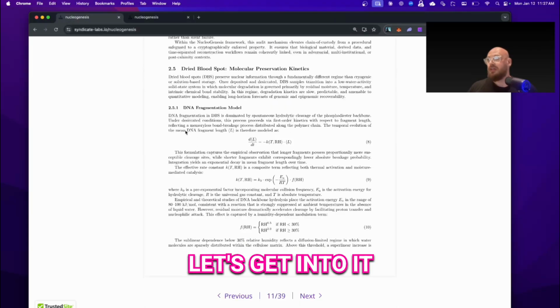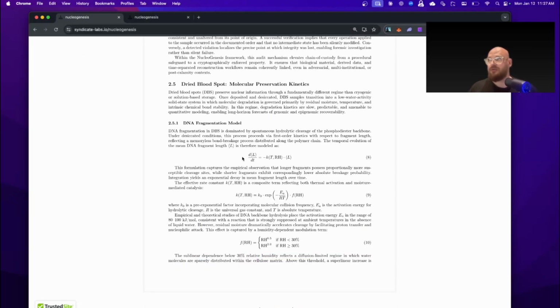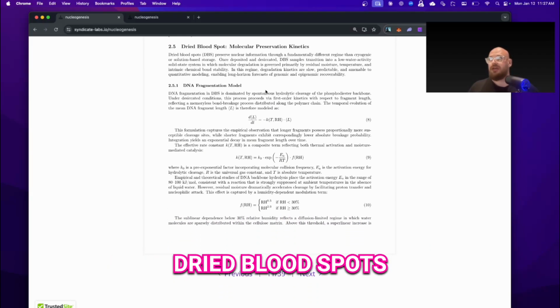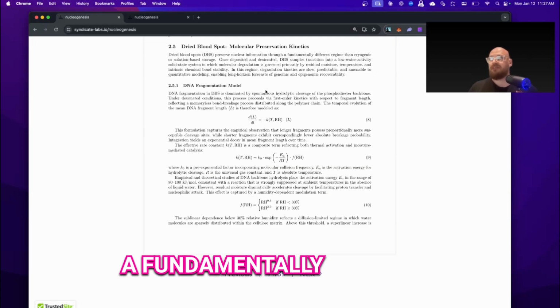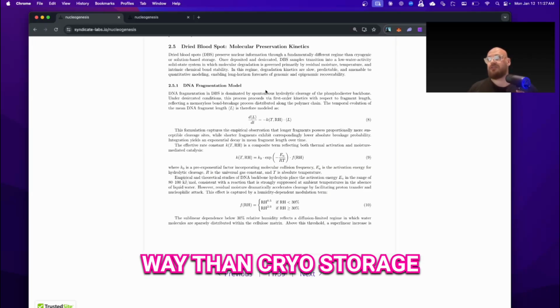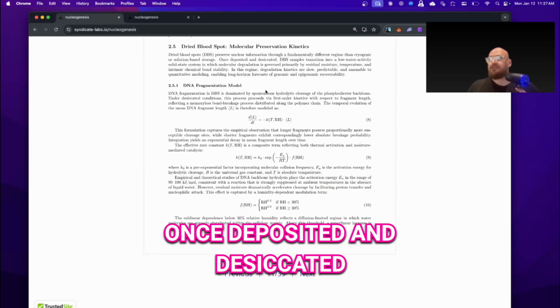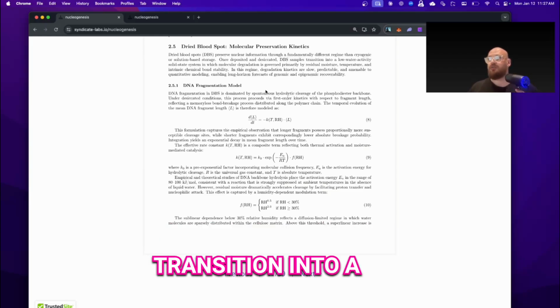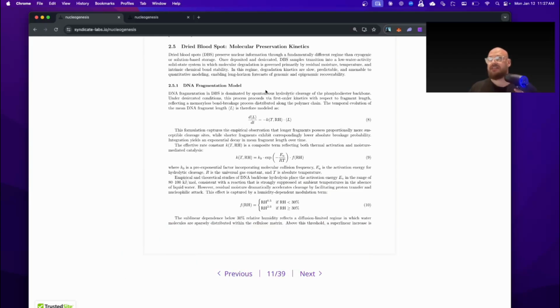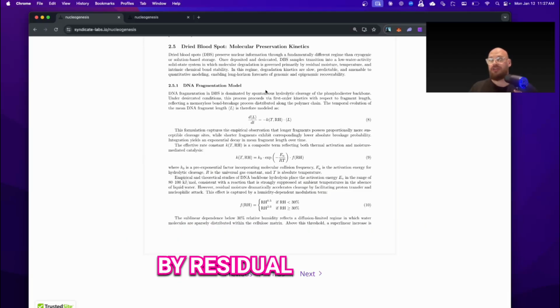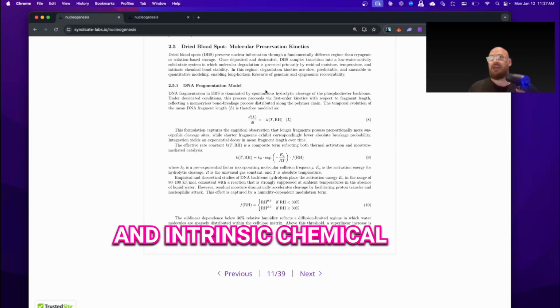Let's get into it. That is right here, which is section 2.5, dried blood spot molecular preservation kinetics. Dried blood spots preserve nuclear information in a fundamentally different way than cryostorage or solution-based storage. Once deposited and desiccated, DBS samples transition into a low water activity solid state system in which molecular degradation is governed primarily by residual moisture, temperature, and intrinsic chemical bond stability.